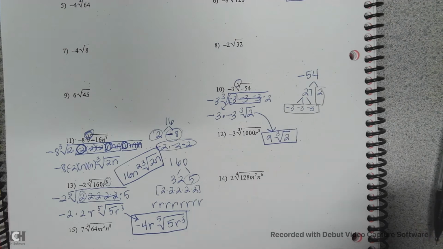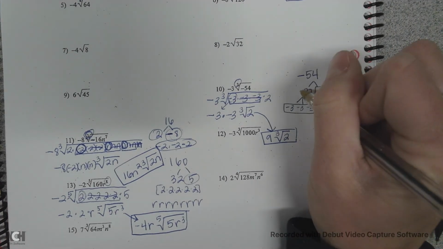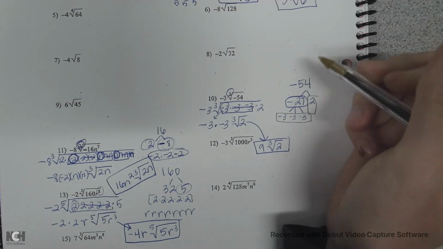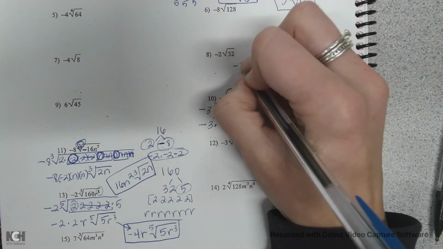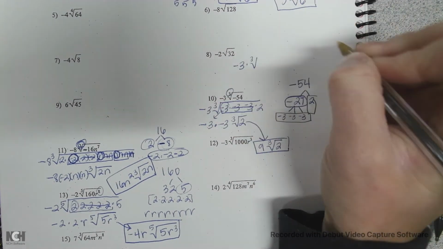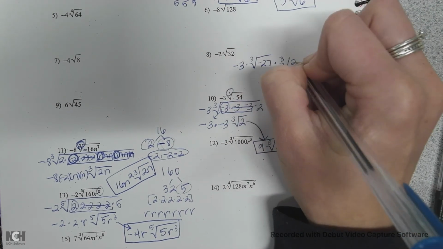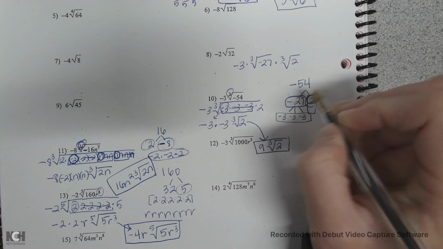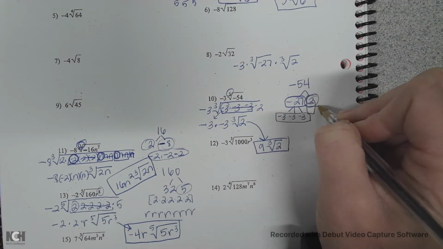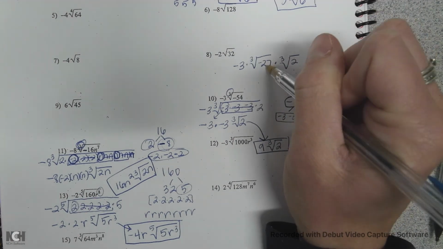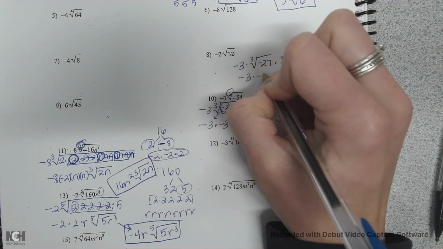If you wanted to do this a different way, you could stop here. So a different way would be -3 times the cube root of -27 times the cube root of 2, because that's what's left over. -27 times 2 is -54. I know that the cube root of -27 is -3. Keep my little negative here.